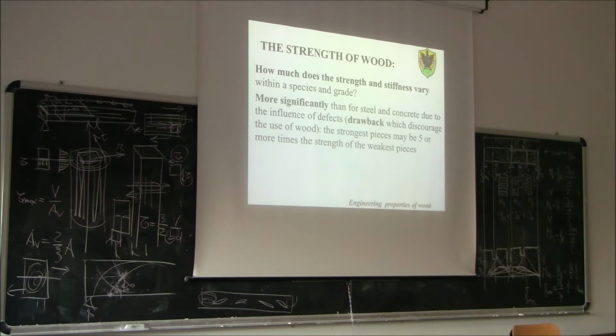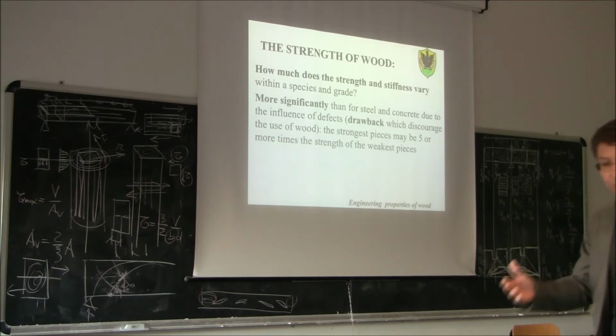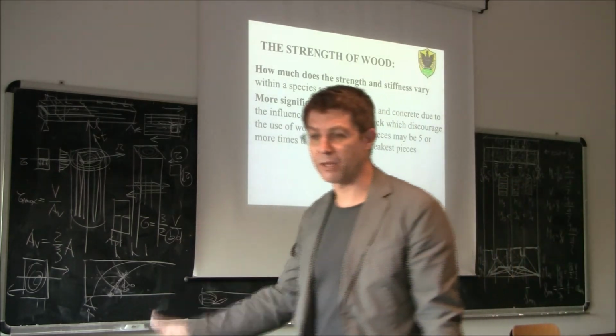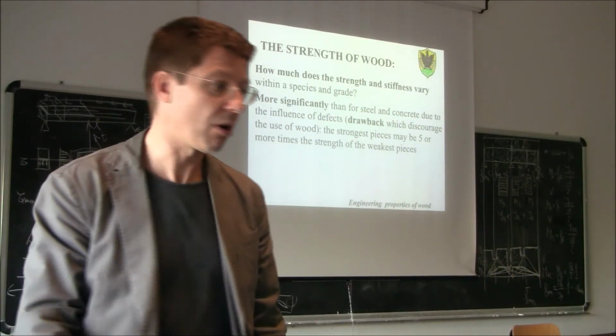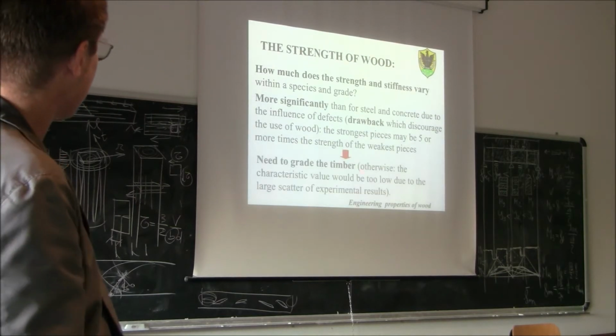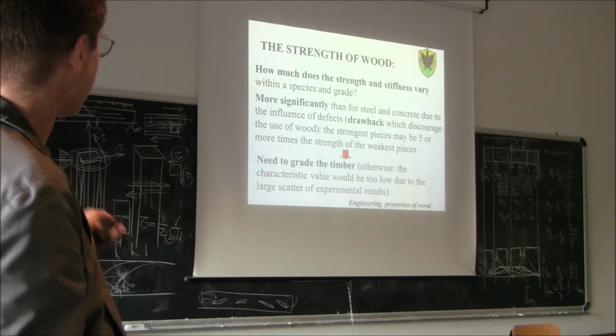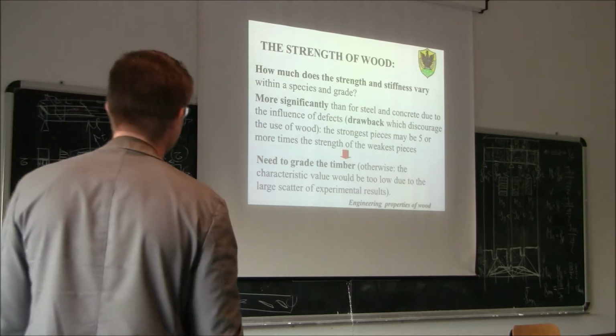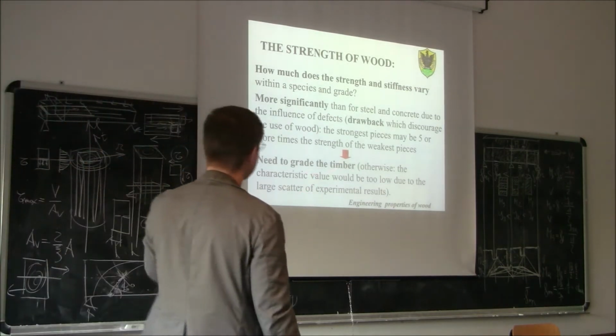But since we have defects, more or less big, these 1,000 pieces of wood will have quite different values of strength and stiffness, because all of them are affected by the defects. The strongest pieces may be four or more times the strength of the weakest pieces. And this is the need to grade the timber.